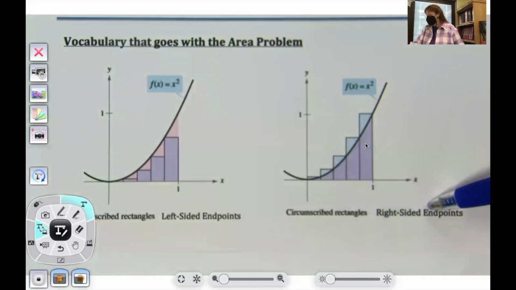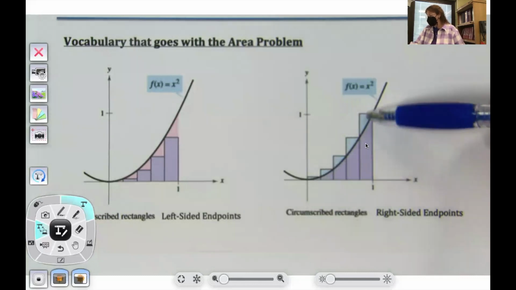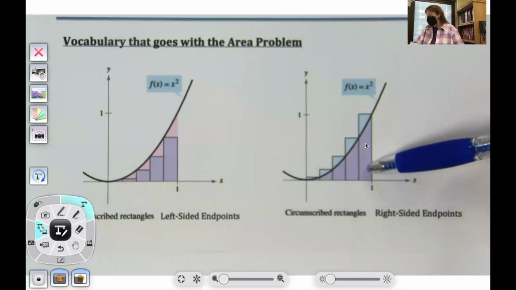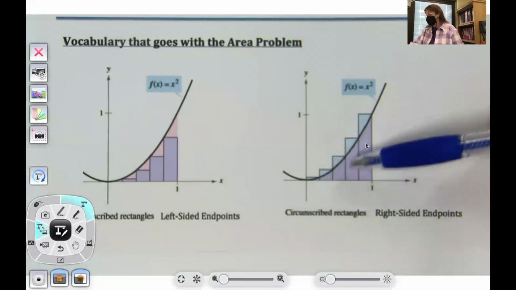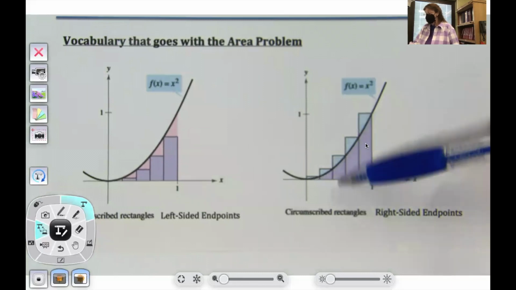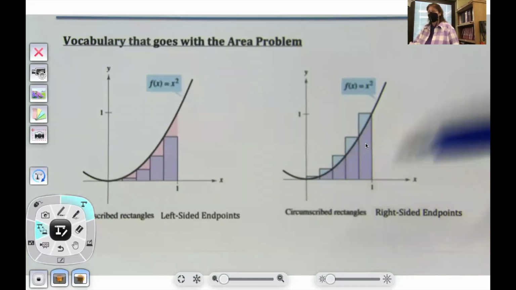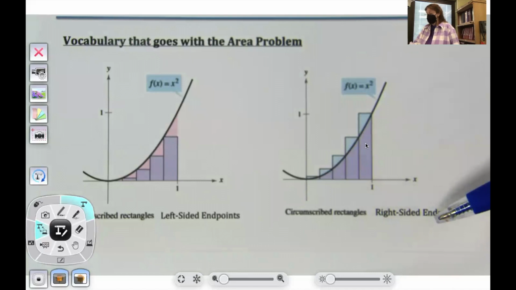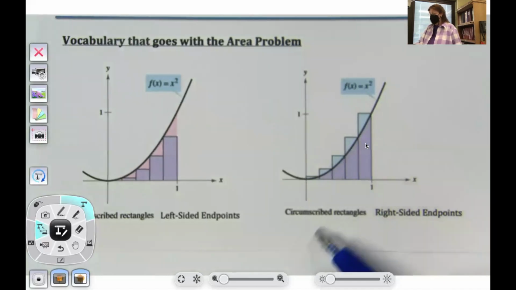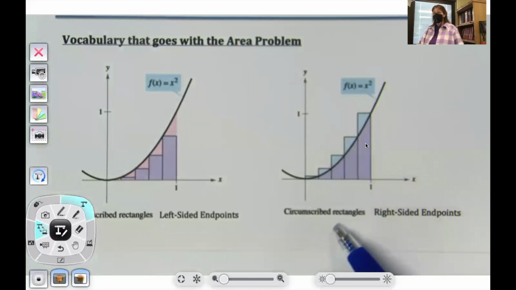What happens to those rectangles? They're going above the curve. So on this picture, if I estimate the area under the curve from 0 to 1 using right-handed endpoints, is that an overestimate or underestimate? It's an overestimate, because I've got all this extra space on top that I don't need. These are called circumscribed rectangles.